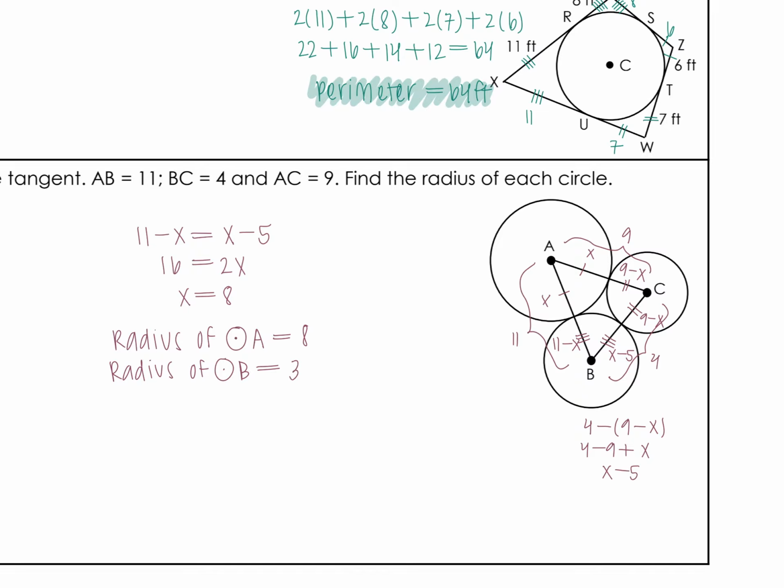And then lastly, finding my radius for C, we would have that 9 minus X, which is 8. So 9 minus 8 is going to leave me with 1. All right, and there you have it. We now have all 3 of the radius for my circles in this picture.